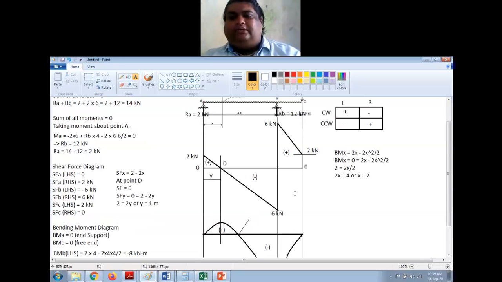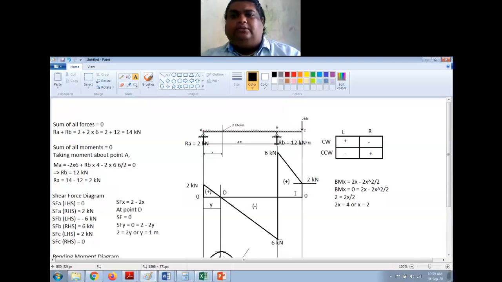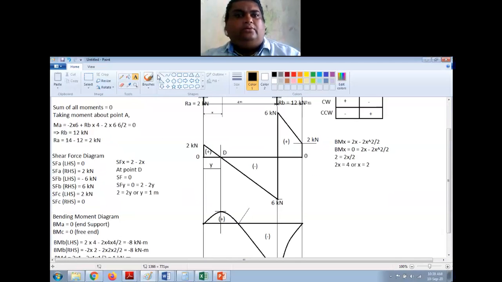I explained this yesterday. I'll explain again if someone had missed yesterday. See, whenever you have a beam like this and you have supports at the end, right?